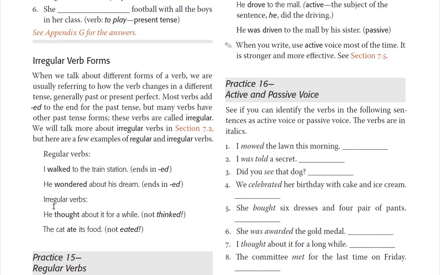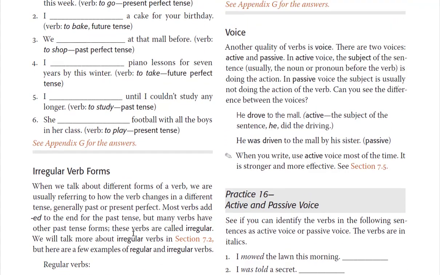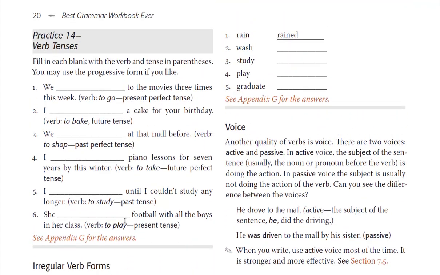There's a whole list of irregular verbs that you have to memorize, and there's no rhyme or reason why that is. The cat ate his food. You can't say the cat eated his food. So when we use regular verbs, it's very easy to put all of this into the past tense. Washed, studied, played, graduated, ed, ed, ed. Those are all regular verbs.